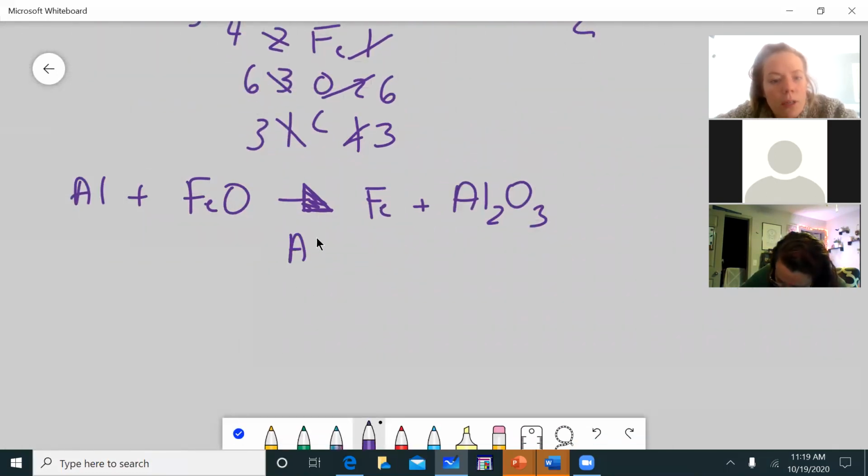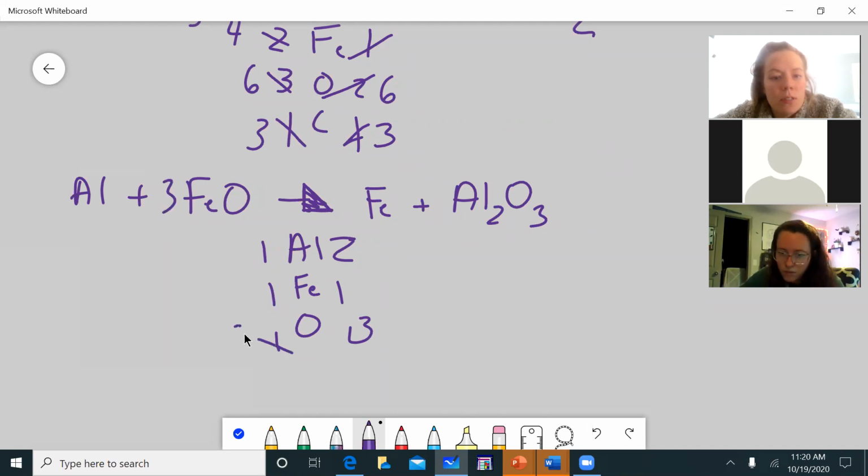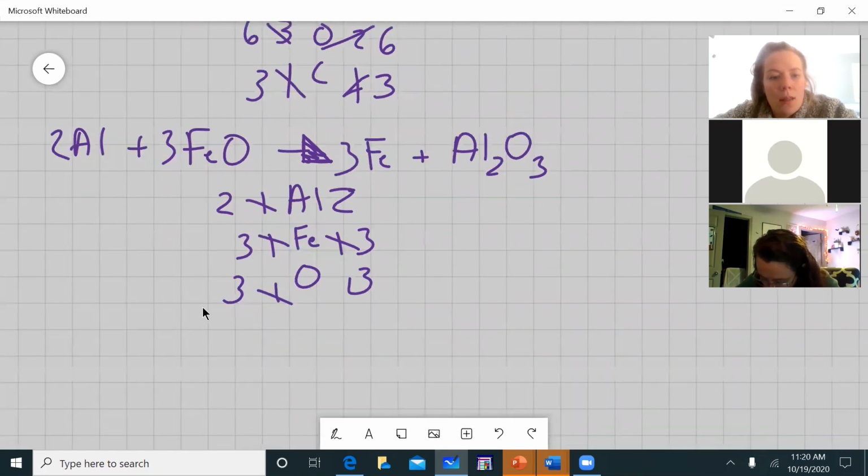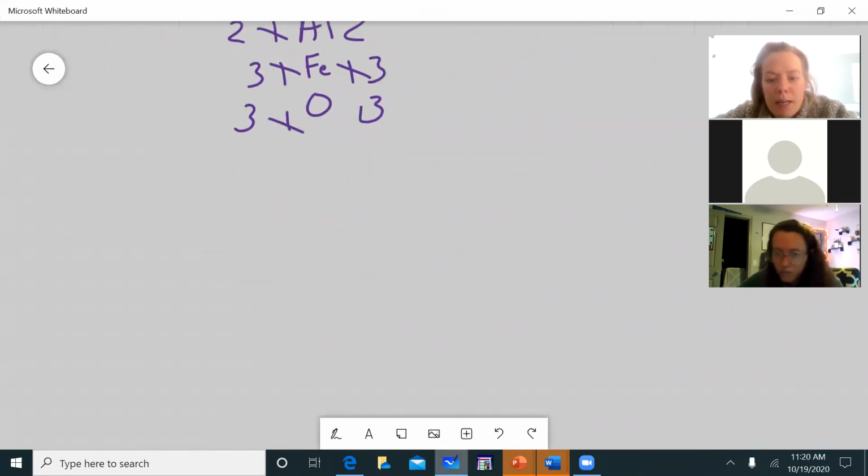Here I've got aluminum, iron, and oxygen: 1, 2, 1, 1, 1, 3. For this one, I could just put a 3 in front of here. That changes this to 3. It also changes this to 3. Put a 3 in front of here, changes this to 3, and then I put a 2 in front of there to make that 2. So we're balanced. Now the last one was the one with the polyatomic ion.